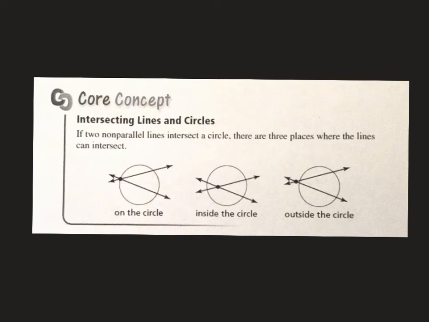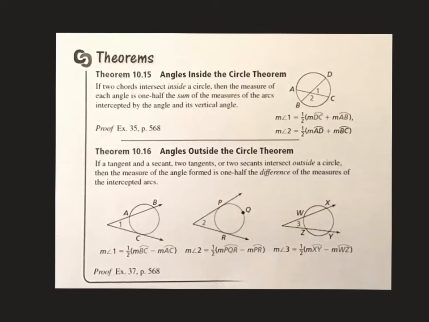So when we talk about intersecting lines in circles, if two non-parallel lines intersect a circle, then there are 3 places the lines can intersect. They can intersect on the circle, in the circle, or outside of the circle. So in Theorem 15, angles inside the circle theorem, if 2 chords intersect inside the circle, then the measure of each angle is half the sum of the measures of the arcs intercepted by the angle and its vertical angle.